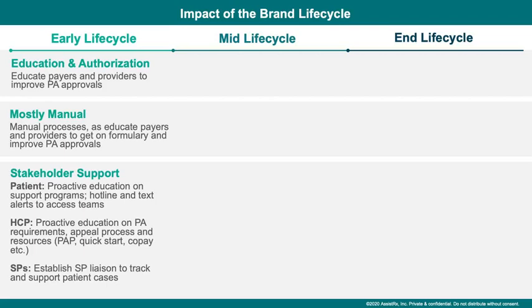Some of the traditional electronic solutions that would be helpful, such as EPAs and real-time benefit checks, may not be as valuable at the brand awareness stage or the initial stage of your product coming to the market. It's not that you don't want to offer EPA solutions and opportunities to streamline process. There are different ways that you can integrate those solutions and make them available to your practices, as well as within your back-end patient service components that Jan will talk about a little later.